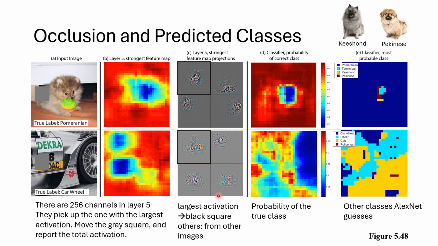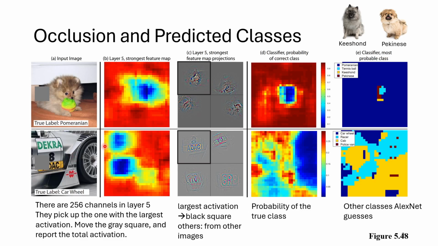But however, when they do this experiment to see which region will affect the result of predicting the image as a car wheel, we can see when they cover this region, the AlexNet neural network will not predict this image as a car wheel.